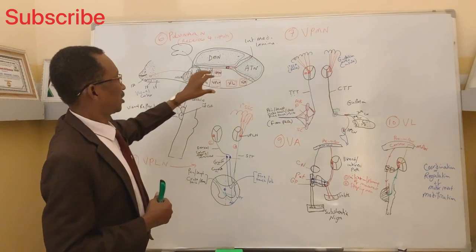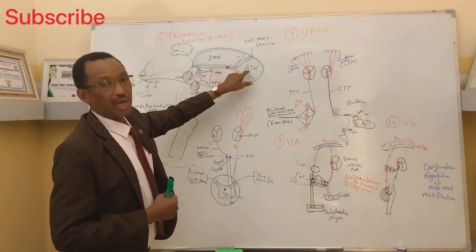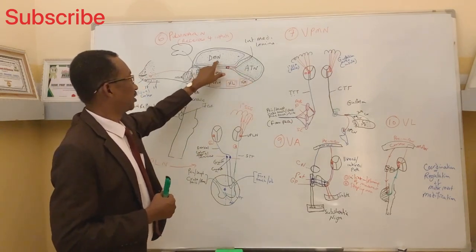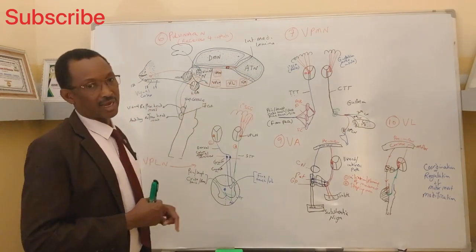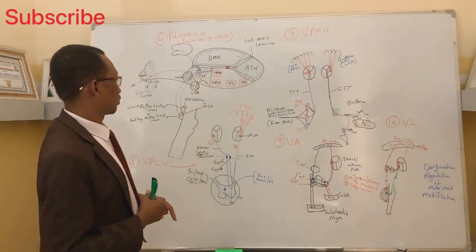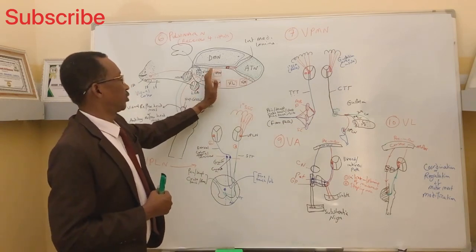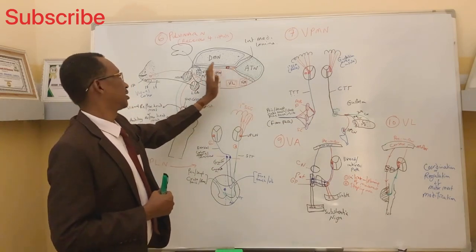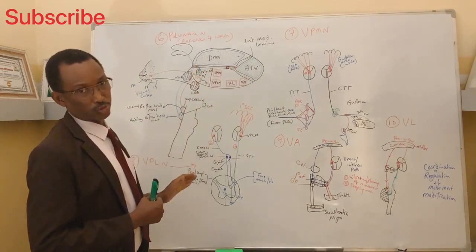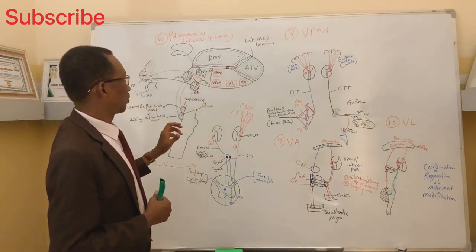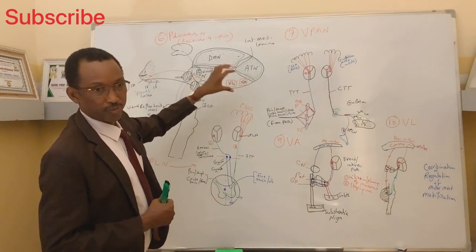It divides the thalamus into anterior, medial, and lateral parts. The lateral portion is further subdivided into a ventral part and a dorsal or posterior part, and there are nuclei in each of these groups.